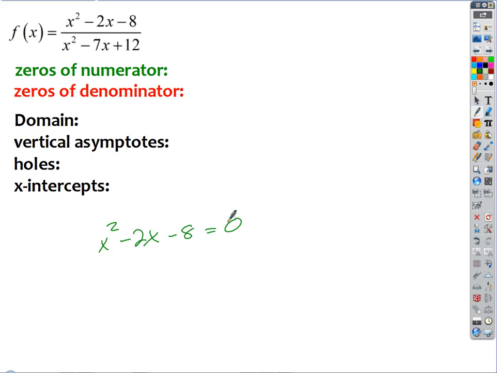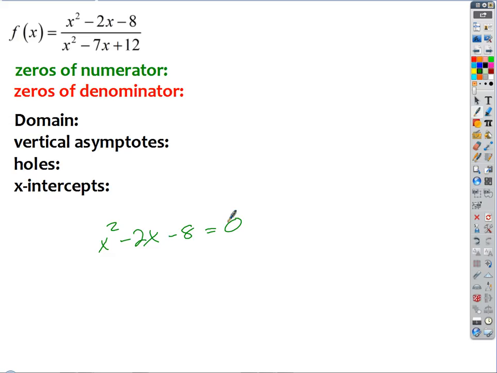I could use the quadratic formula, right? I could use completing the square. We haven't done that in quite a while. But there's a really easy way I could maybe do this, right? We always want to first see if it factors, right? Magic numbers, exactly. Okay, so what would the magic numbers be here? What would they have to multiply to and add to? Let's kind of remind ourselves.